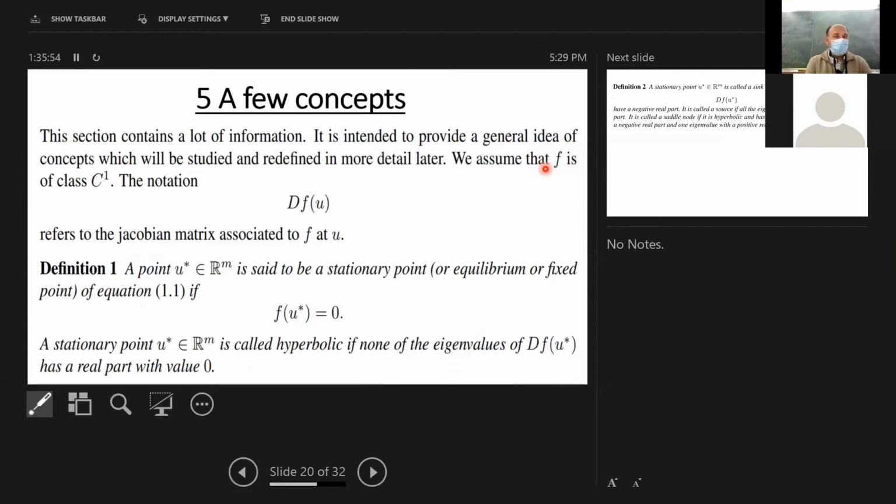So we are going now to give some concepts, and these concepts will be seen again later.